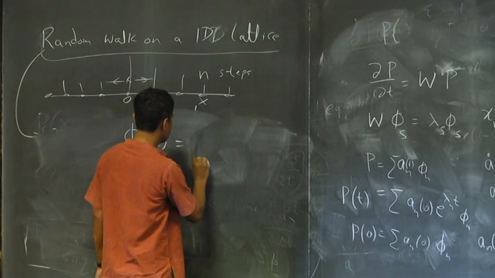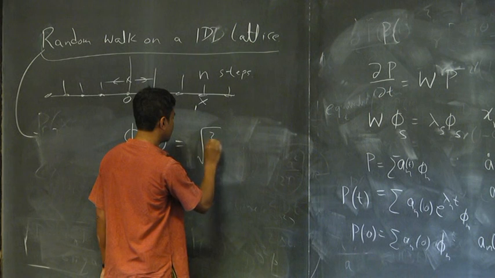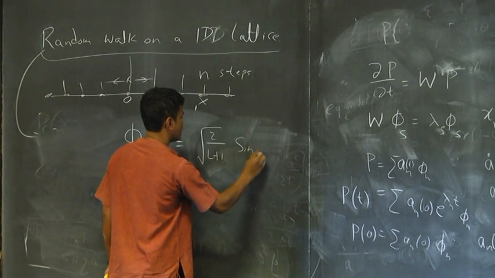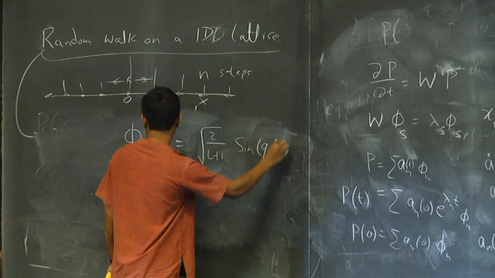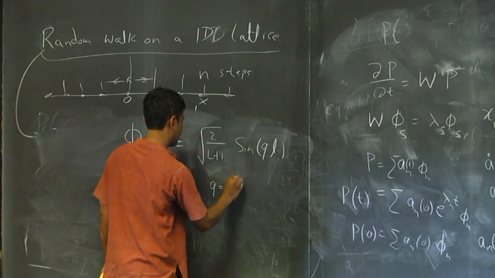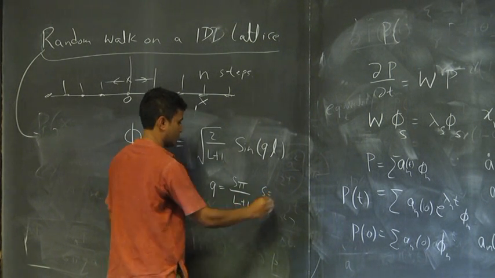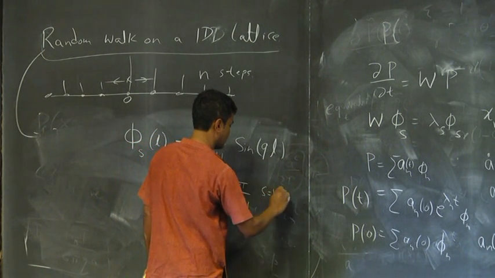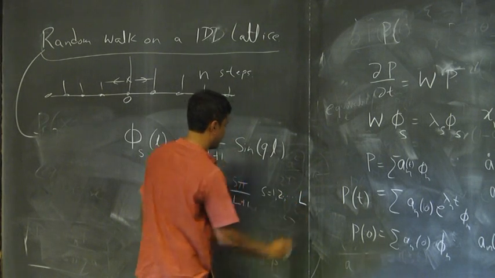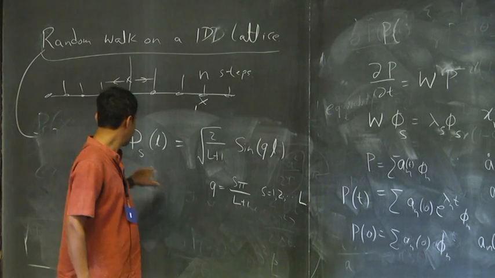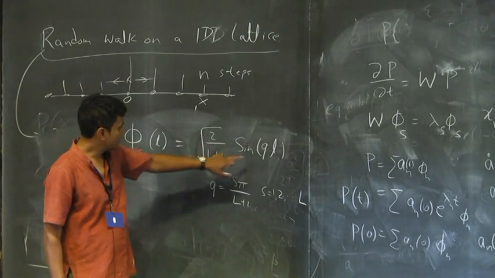The correct normalized solution is 2 by... There are L different solutions labeled by this s, where this q just varies.